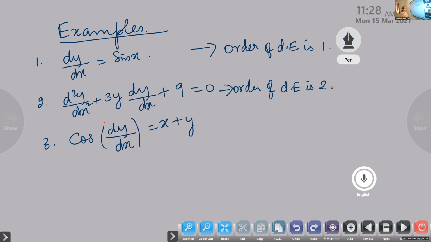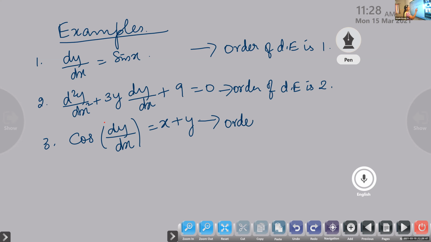Now look at the next one. Cos of dy by dx is equal to x plus y. Here, the derivative is coming inside a trigonometric function. Now, what is the order?